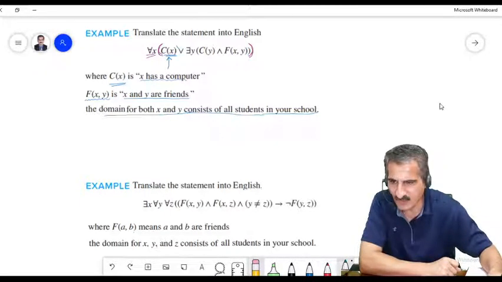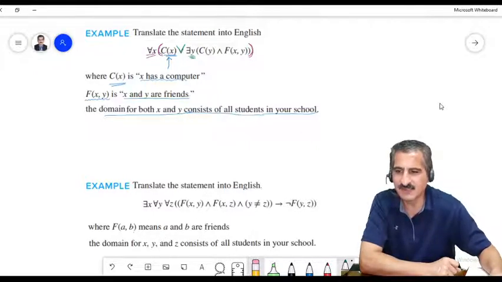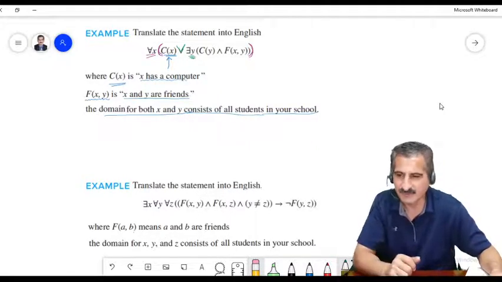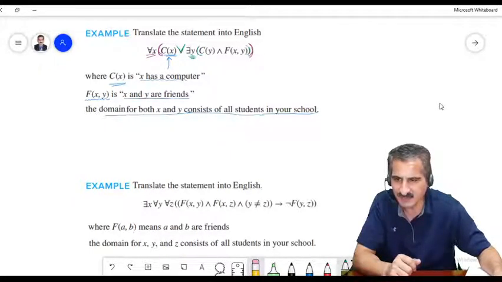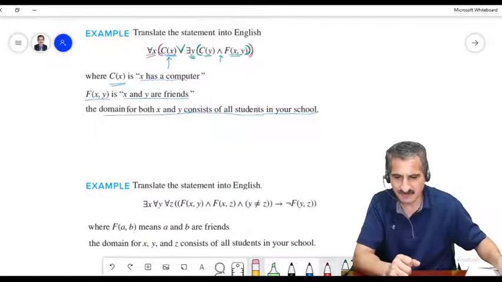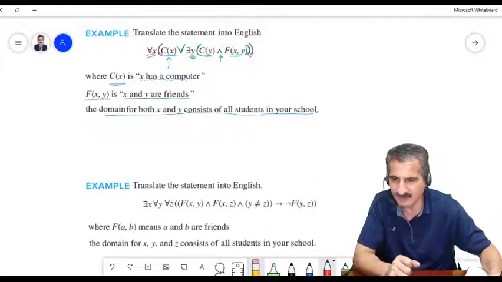It says or there exists y, somebody in the school with a green parentheses, there exists y. What's the matter of that y? He has a computer and he is a friend of x. Okay, good. So let me go back to the or here and give it red.